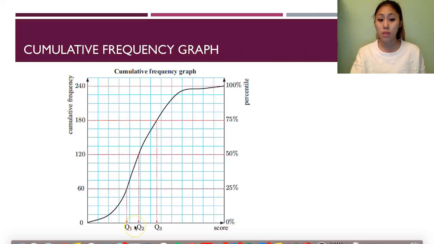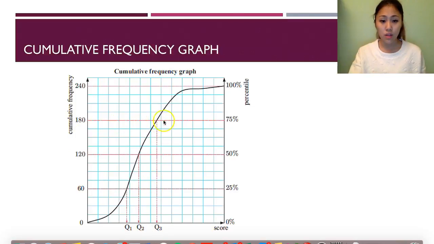Q2 is the median, the middle number. So its middle is 50%. So that's Q2. Q1 would just be the 25% of 240. So 0.25 multiplied by 240. That gives us 60. That's Q1. And then we have Q3, which is the upper quartile, 240 times 0.75, 180, intersection.